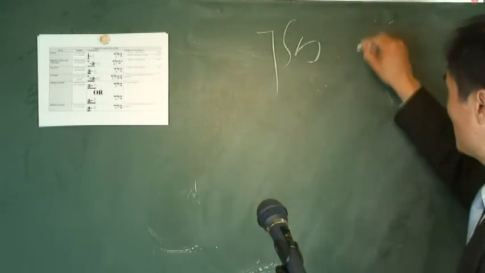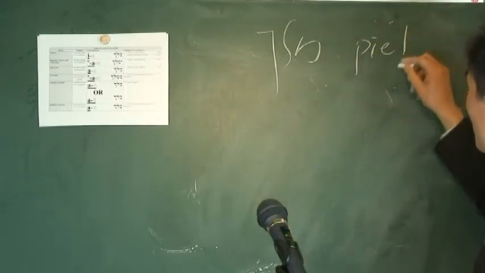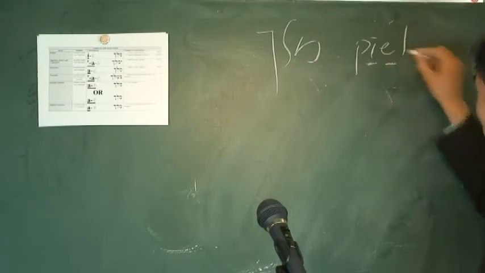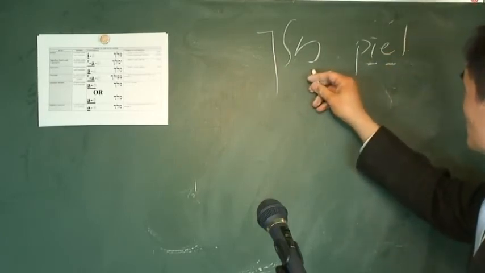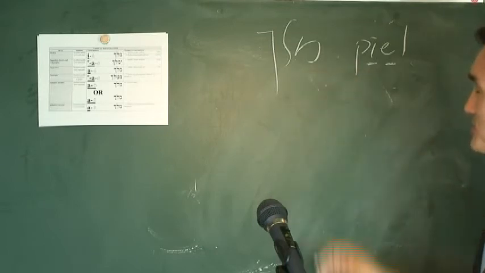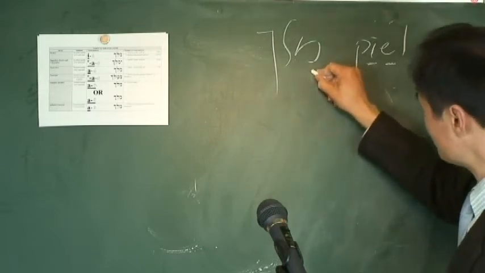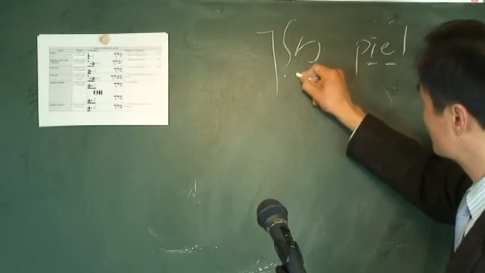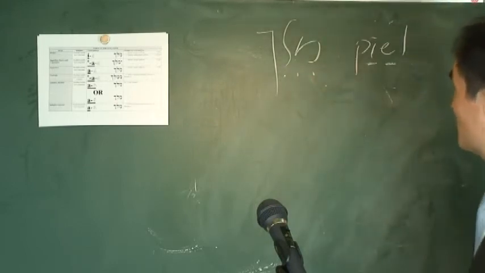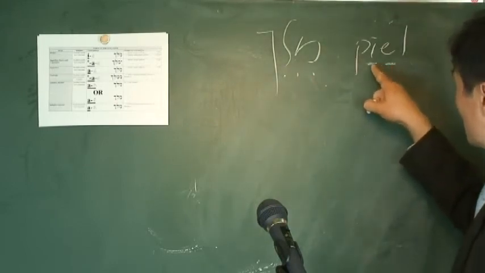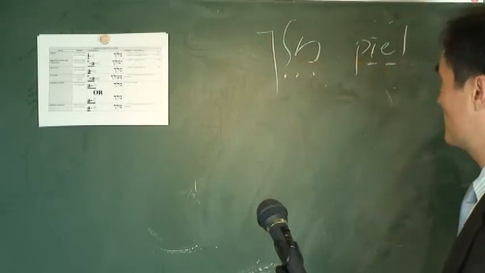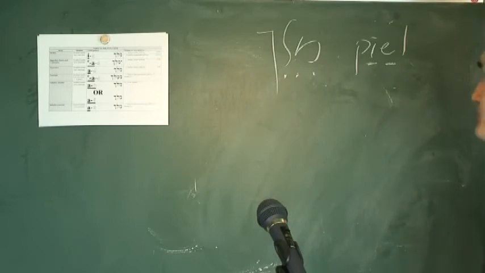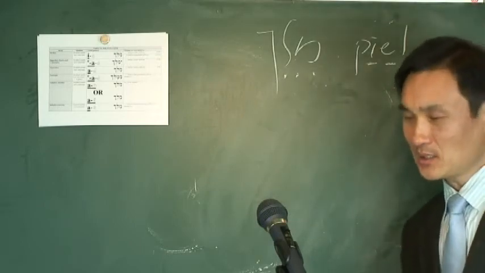We will use the verb malak as an example. From the name Piel, we can use the vowels i and e as the model. I is hireq and e is tsere.